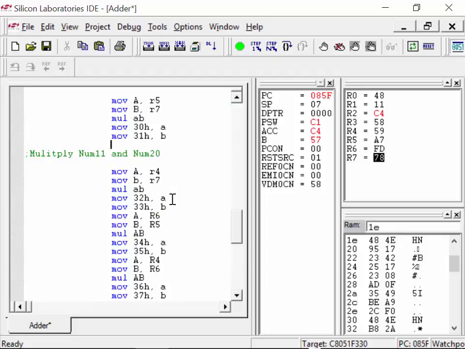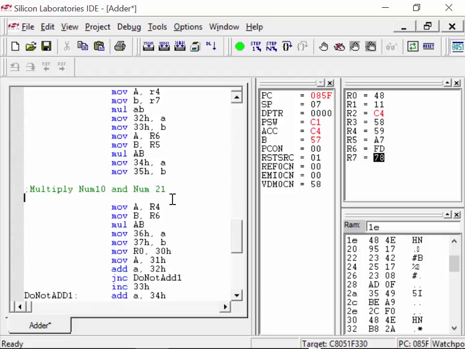The next one right here, we're going to multiply num10 and num21 right there. Hopefully I got that right. And then the last multiply right here.